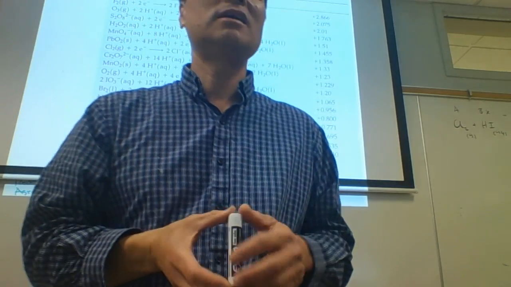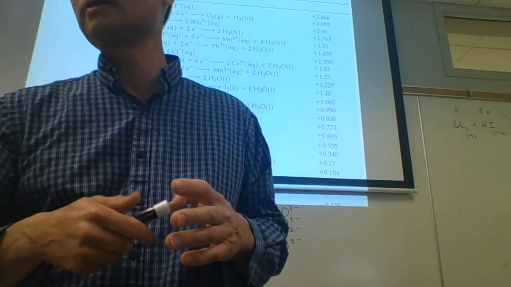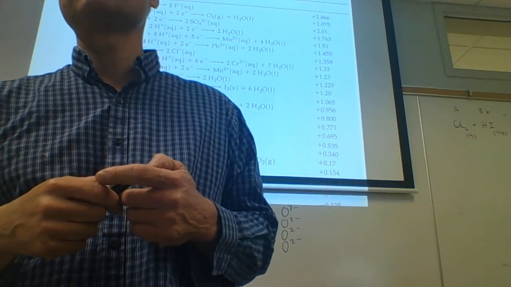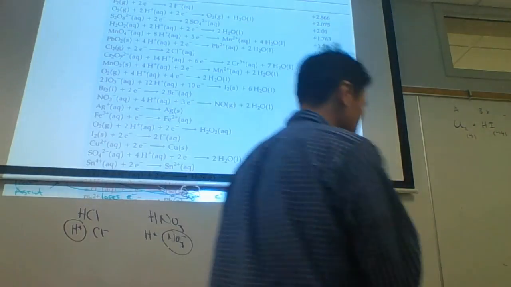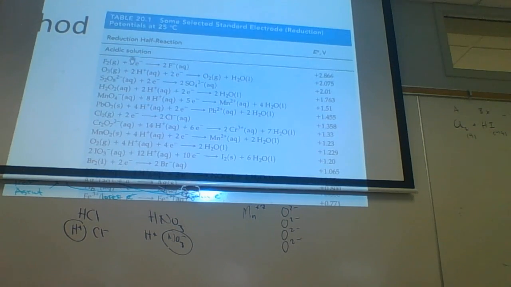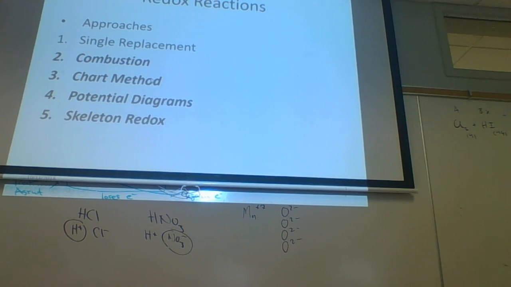No, that's not how nature works. So I'm not going to spend much time with single replacement, because there's a more powerful method than single replacement. What's a more powerful method? The more powerful method is the chart method.